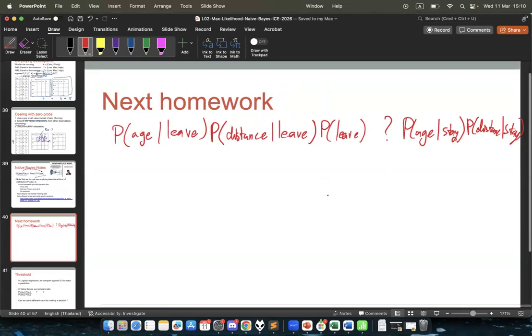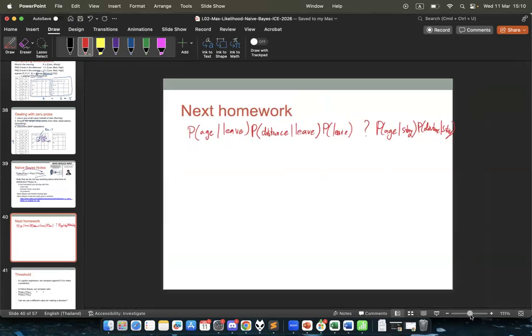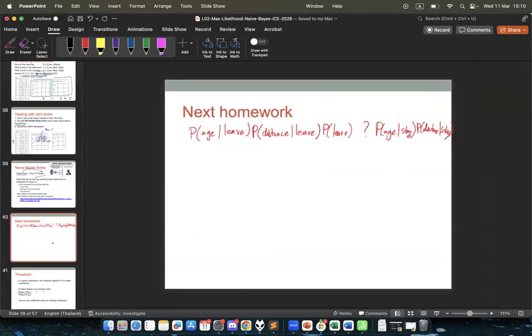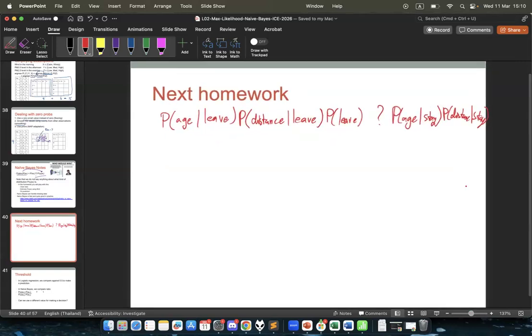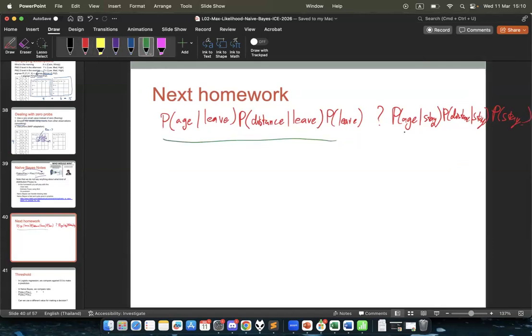I don't have space. Oops. So this is naive Bayes. You're comparing the probability of two sides. Which one is higher?